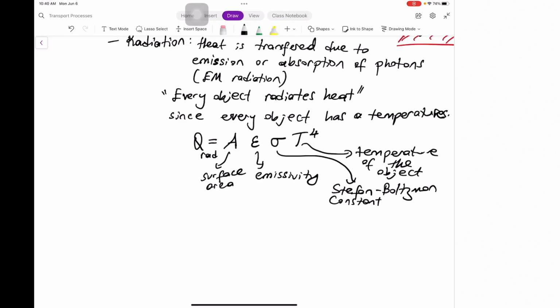And the reason why a tungsten filament in lamps is shining is because it's heated up. There is no other reason. So you heat up a tungsten filament and you can see that it's shining. Okay, it's just a matter of temperature, and it's scaling with the fourth power of the temperature.